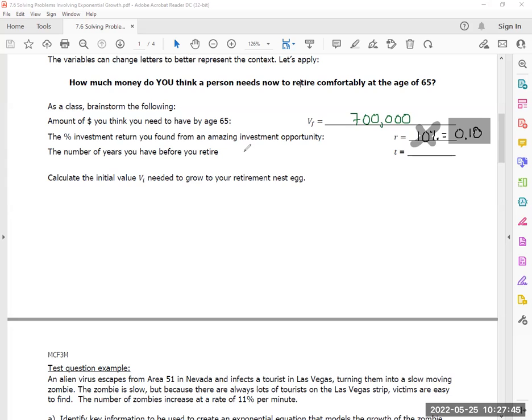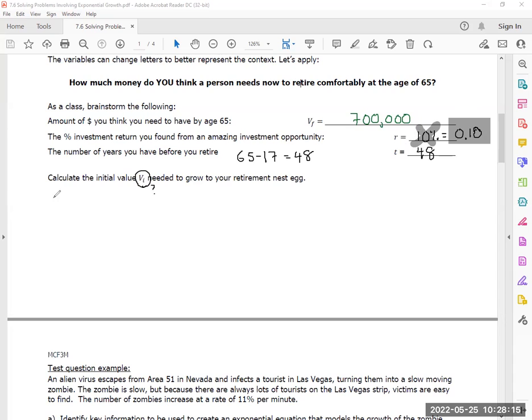How much time do you have? 65 minus 17. 48 years. Seems like forever. That's like 3 times how much you've lived so far. And maybe, yeah. Okay, let's calculate how much you need right now.